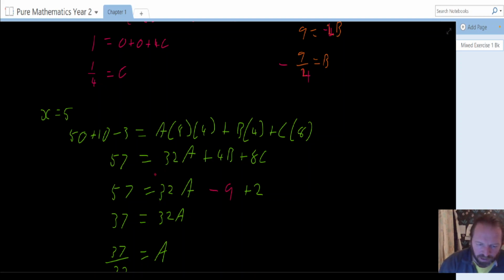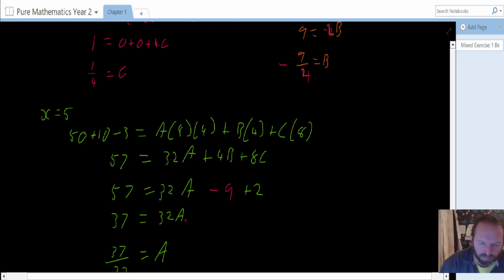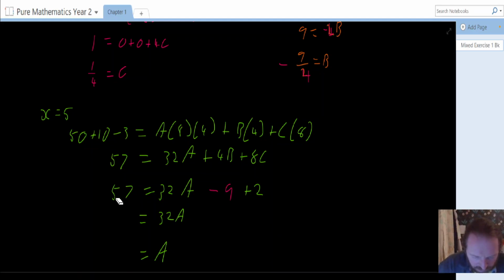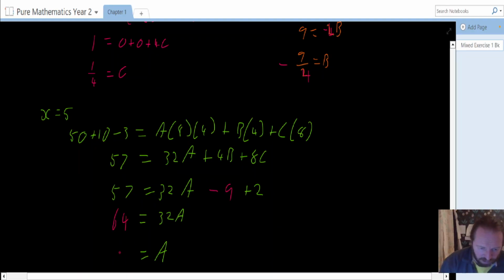And so as we come across here, we end up with 57, add 9, take away 2, which gives us 64. And 32 divides into that twice.